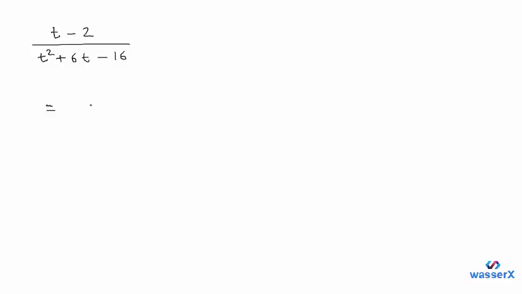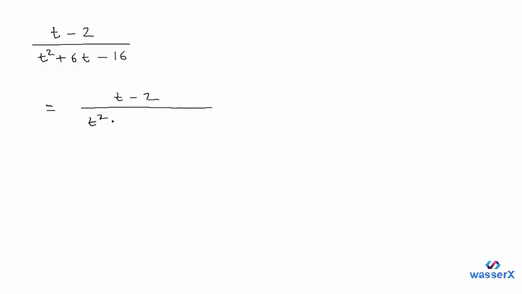So we have t minus 2 on the top, and then on the bottom we have t squared, and the idea is to split up this plus 6t into two parts, so that the sum of the two numbers is positive 6 and their product is 1 times negative 16, which is negative 16.